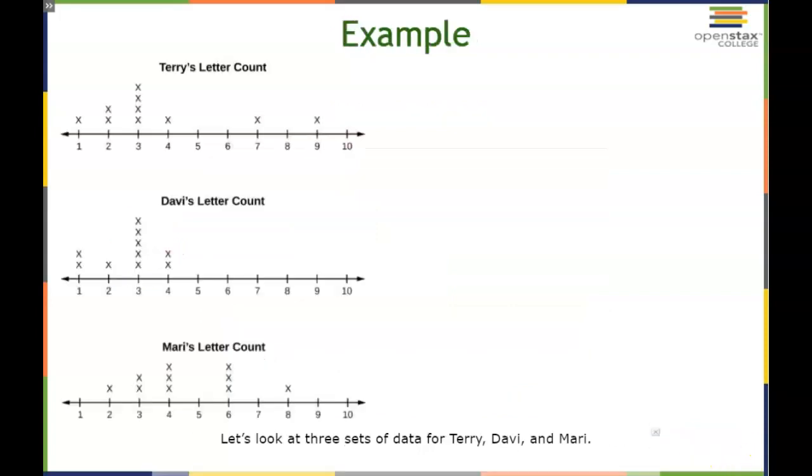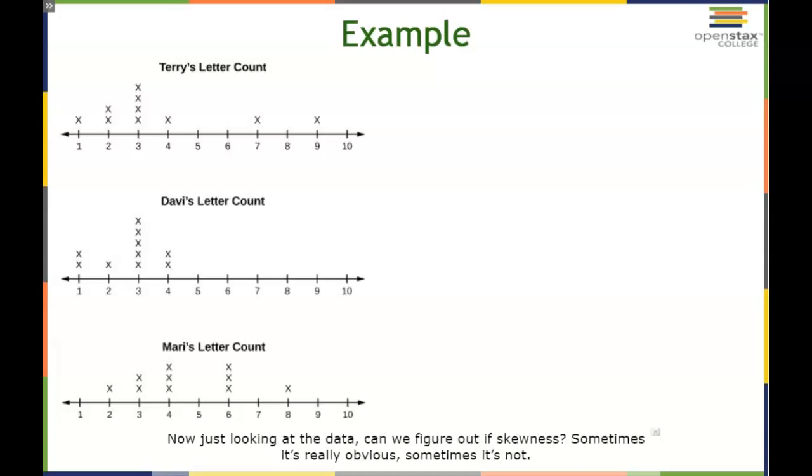Let's look at 3 sets of data for Terry, Davey, and Mary. Just looking at the data, can we figure out its skewness? Sometimes it's pretty obvious, sometimes it's not. So let's take a look at Terry's.